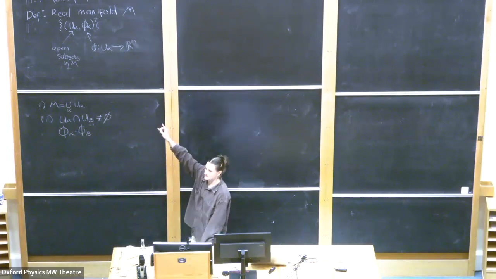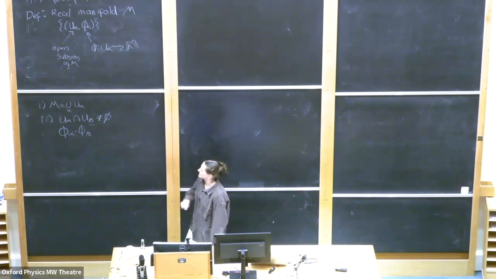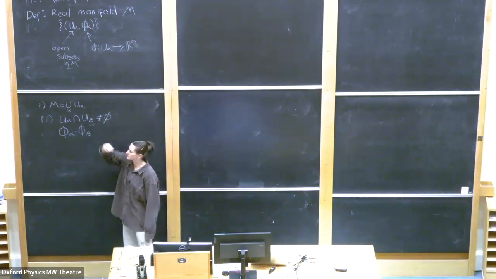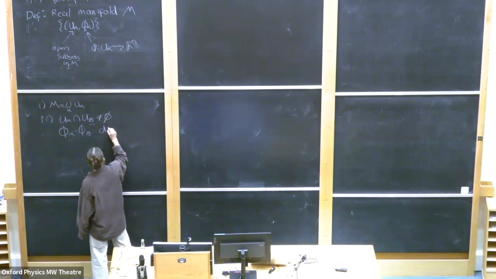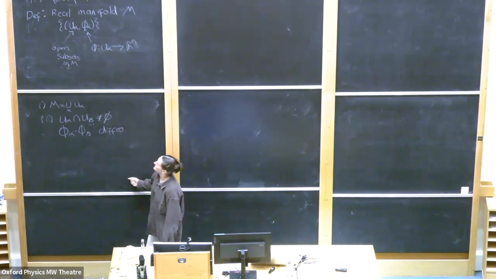So when we're proving that something's a manifold, basically we just want to find an appropriate atlas and prove that these two conditions hold. So that is a real manifold.